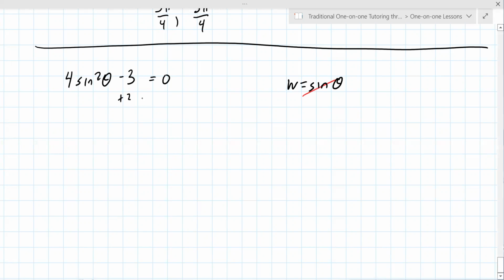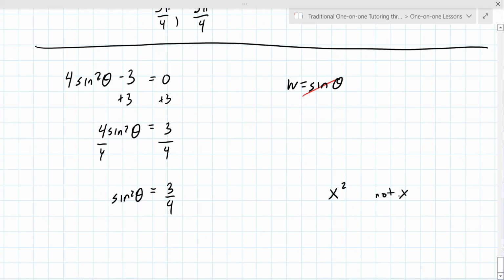So you're gonna add 3 to both sides, divide by 4. Okay, but you're not there yet. You have sine squared theta on the left, not sine theta. The analogous is like it's x squared, not x.